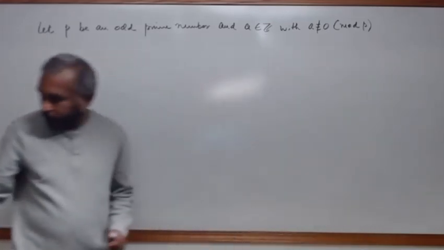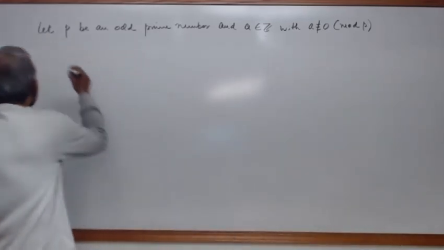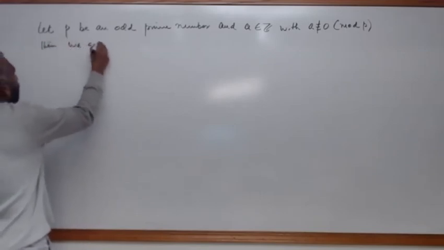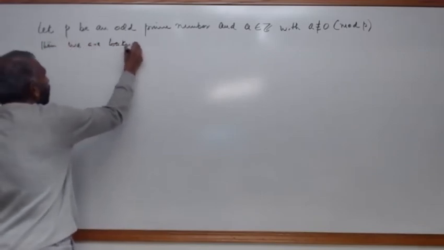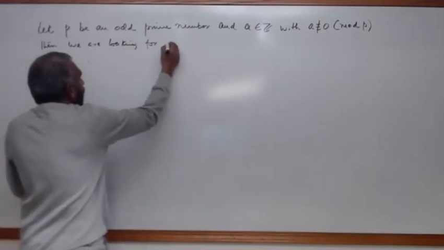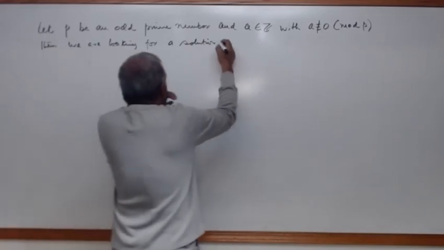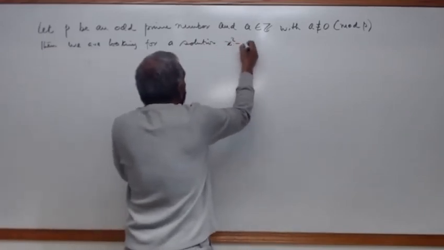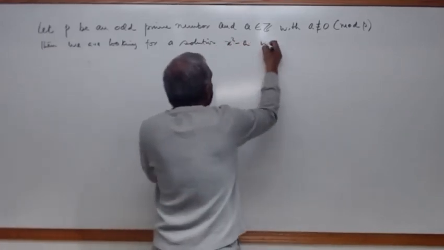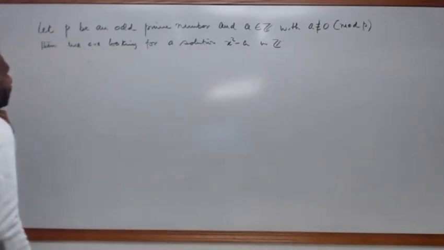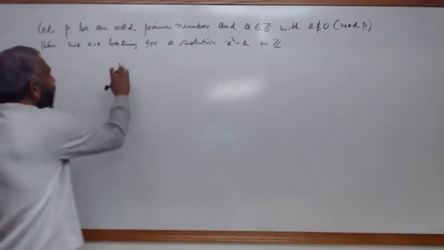Then we are looking for a solution of x square minus a in Z. Can we have a solution always?